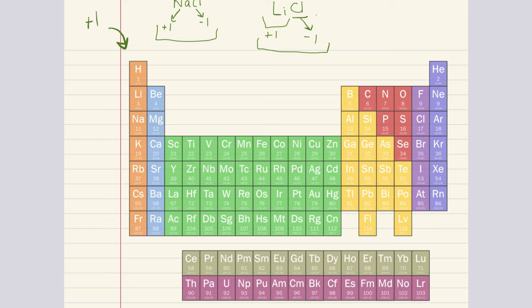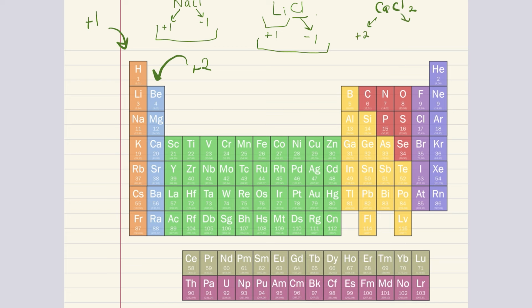Now, a second thing to keep in mind is that the oxidation number for alkaline earth metals in a compound is always +2. These metals typically lose 2 electrons to form stable cations. So for example, in calcium chloride, calcium has an oxidation state of +2.